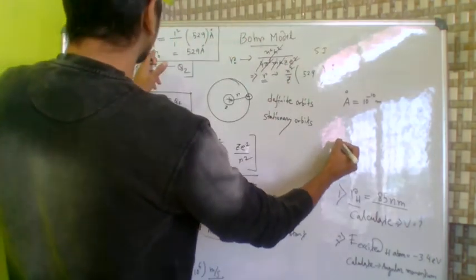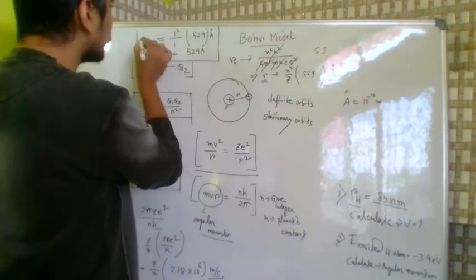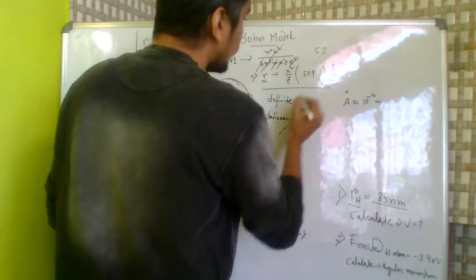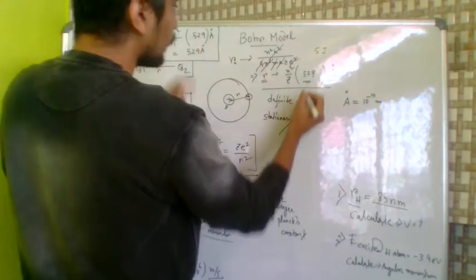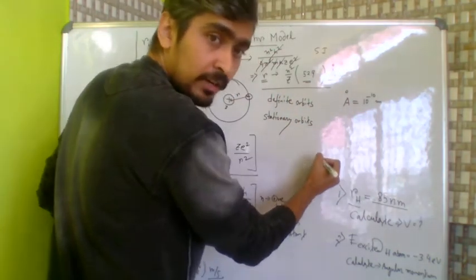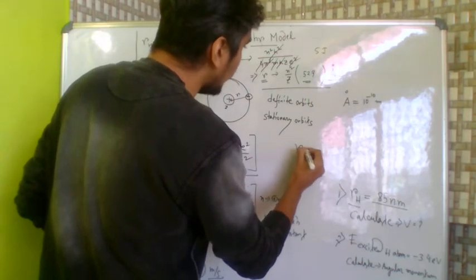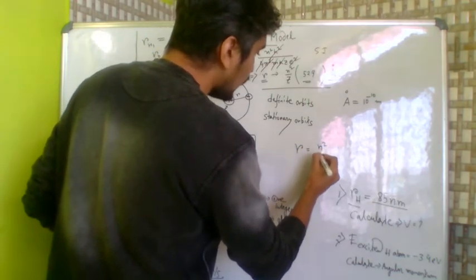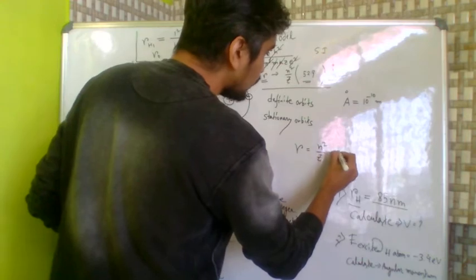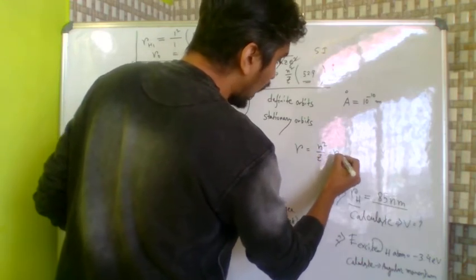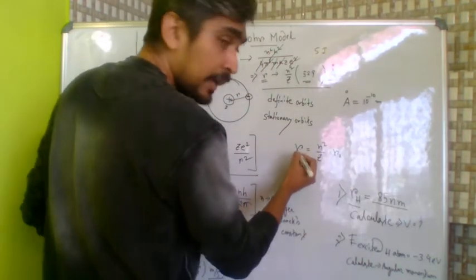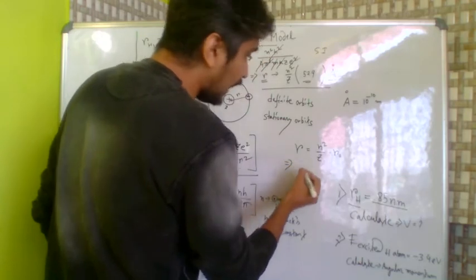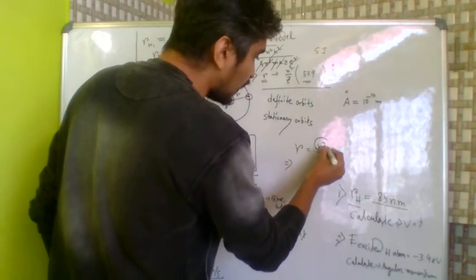From this expression, we know this is R0, so we can write R is equal to n square by Z into R0.